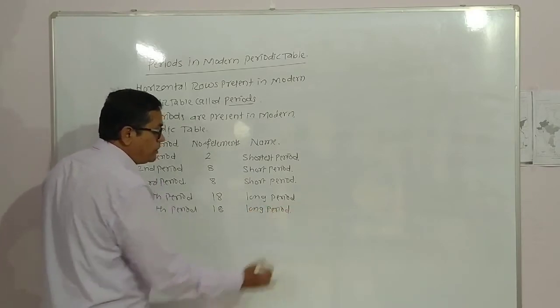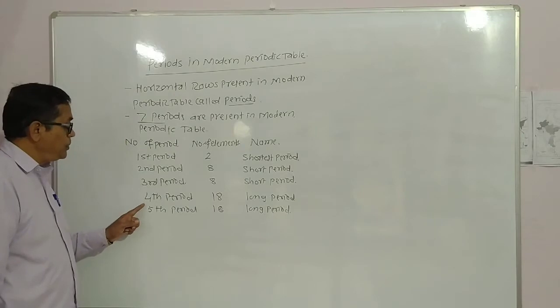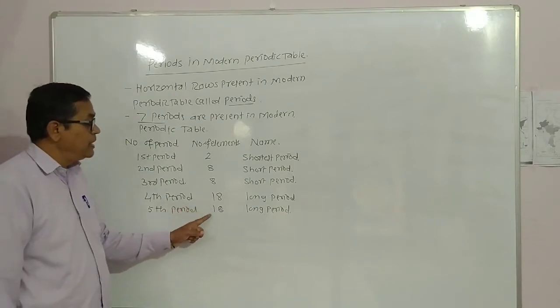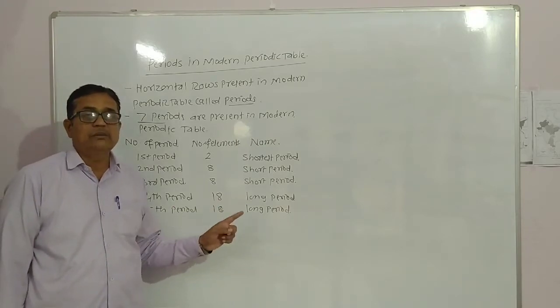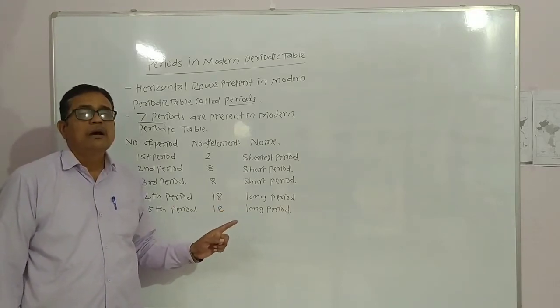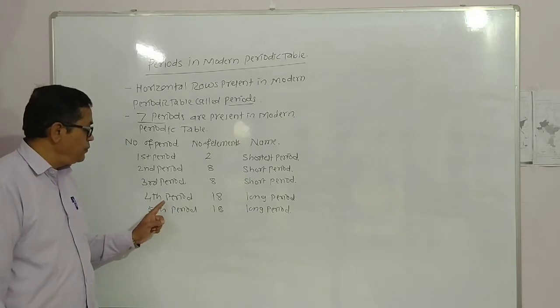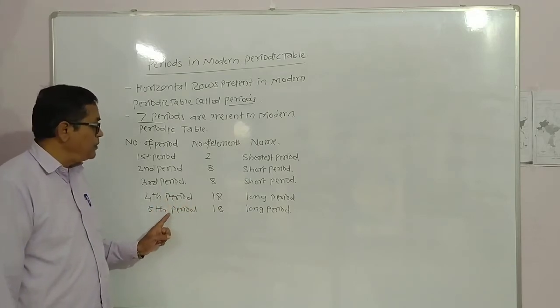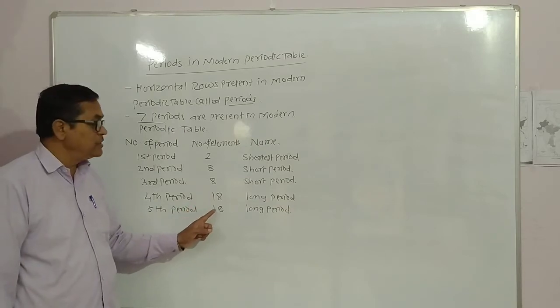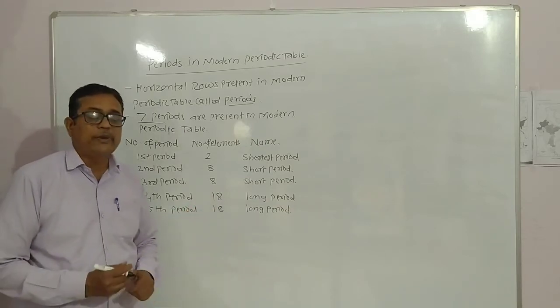Fourth and fifth periods consist of 18 elements each, because from the fourth period transition metals start. Hence they are called long periods in the modern periodic table.